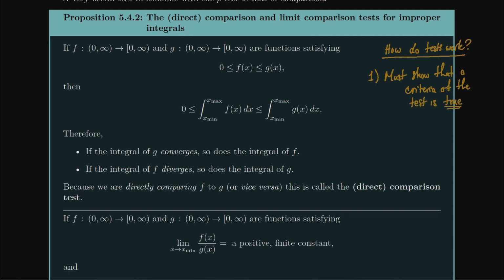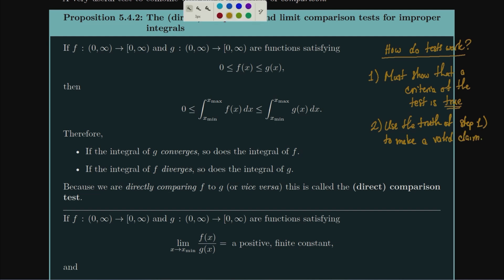This is always the tricky step. This is the one that students tend to like the least, is actually showing a criteria is true. And then in step 2, you use the truth of step 1 to make a valid claim. Right, a nice example of this, independent of p-test, would be, if it's raining, then I use an umbrella.